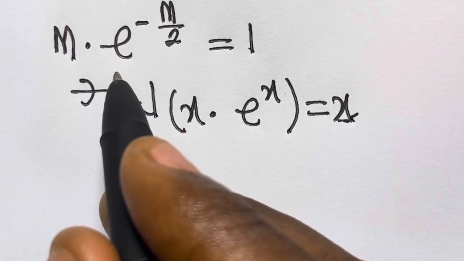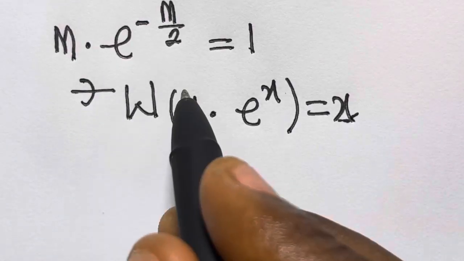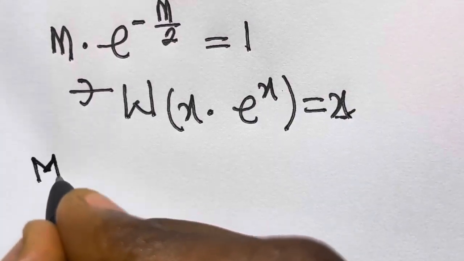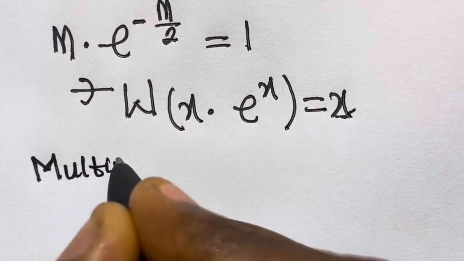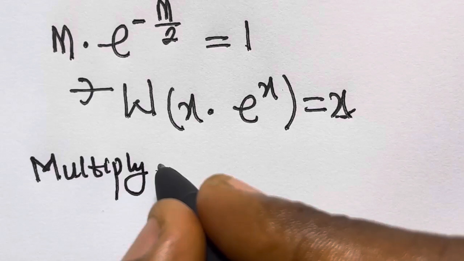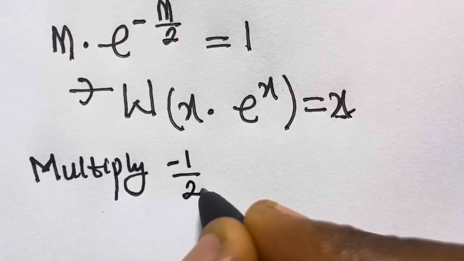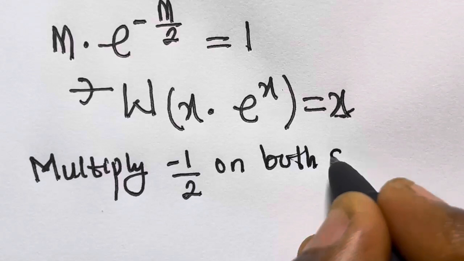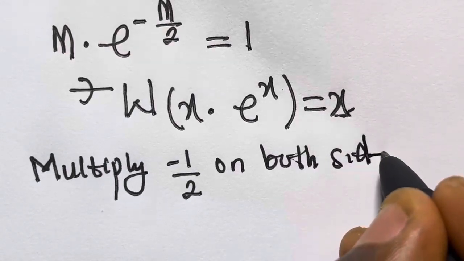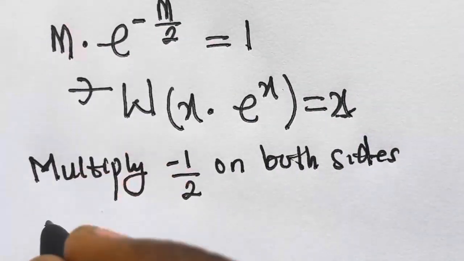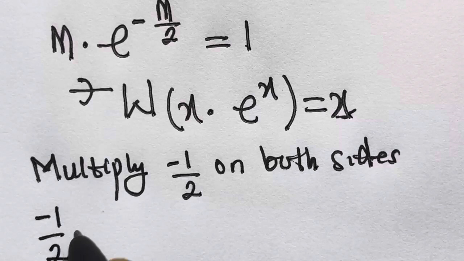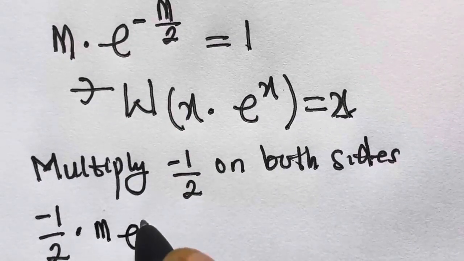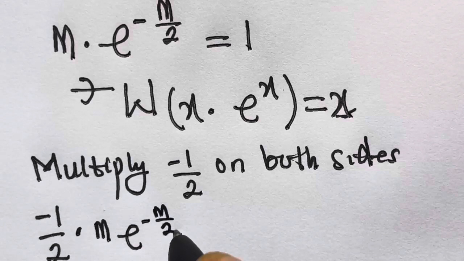Let's multiply minus 1 divided by 2 on both sides. So we are going to have minus 1 divided by 2 times m exponential minus m over 2, like this.